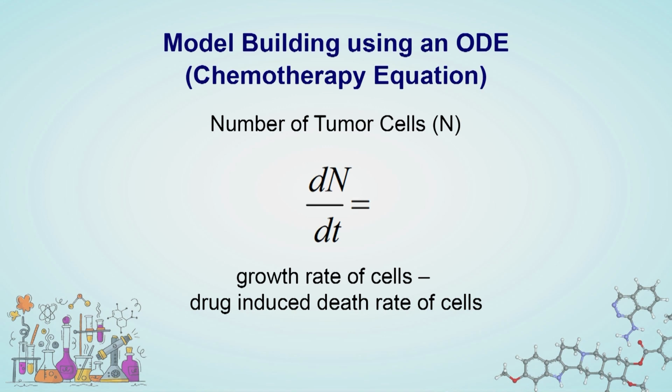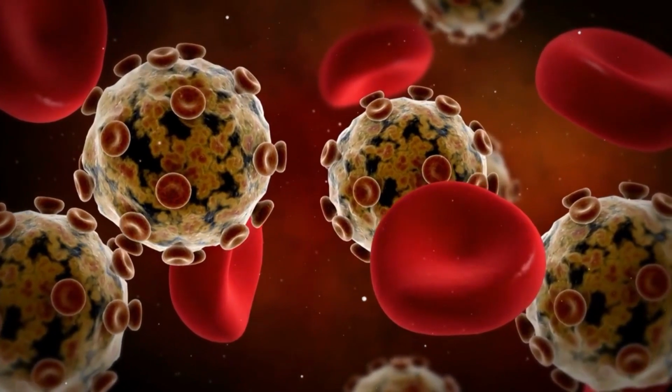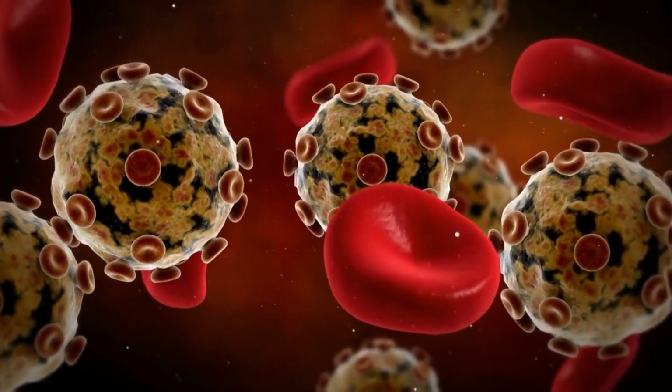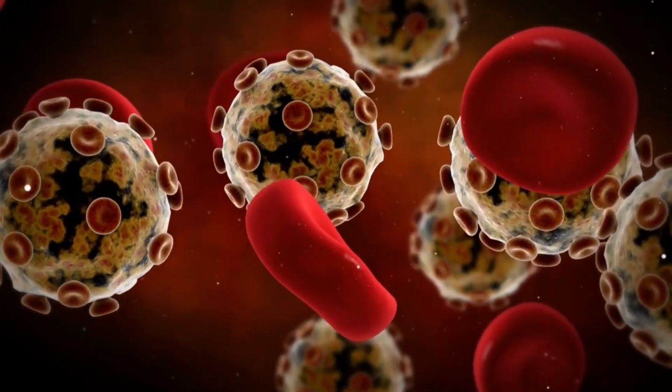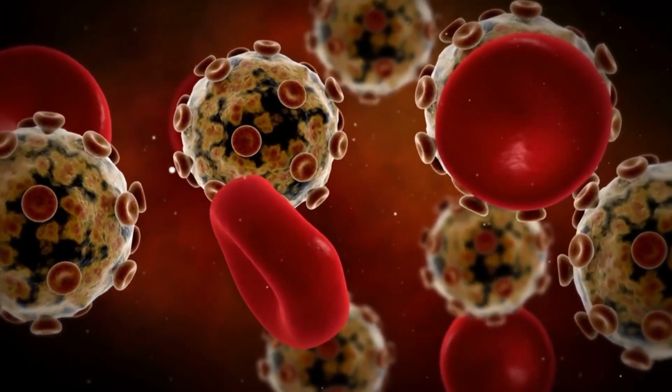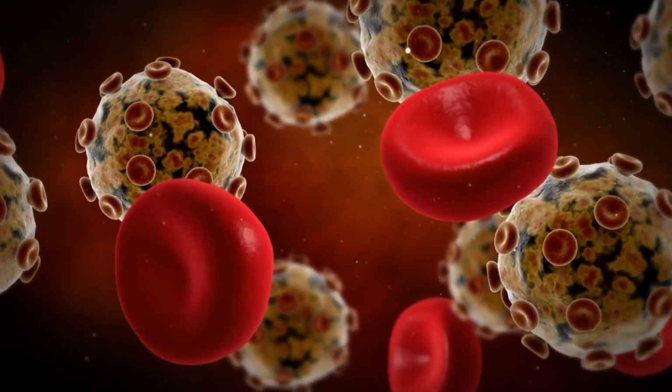As in the previous example, what is its real meaning? The change in N with respect to time t. Why the change in N with respect to time t? Because in chemotherapy there are definitely cells growing, but through the drug, by administering the drug, definitely the cells are decreasing, or the death rate is also defined.